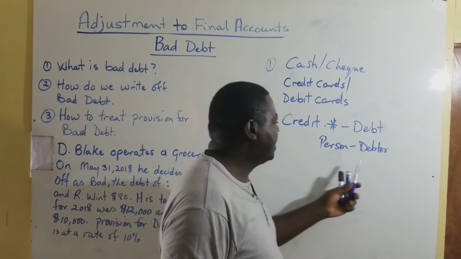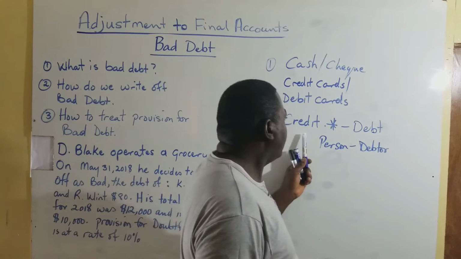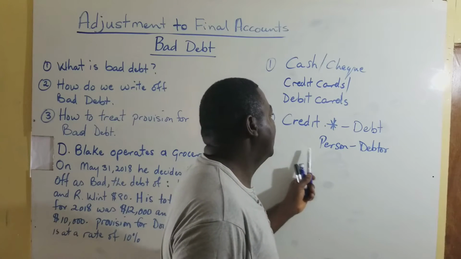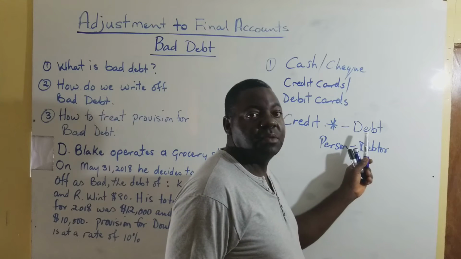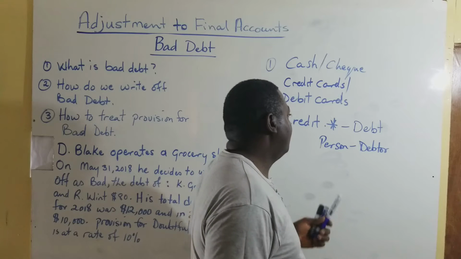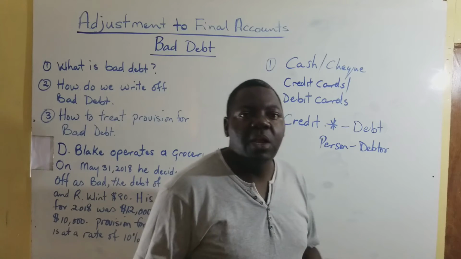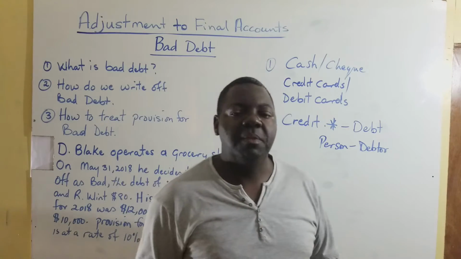So a debtor is also referred to as accounts receivable. But once a credit transaction is taking place, then a debt is being put into existence. And once a debt exists, then we will have a challenge in obtaining the payment for it.